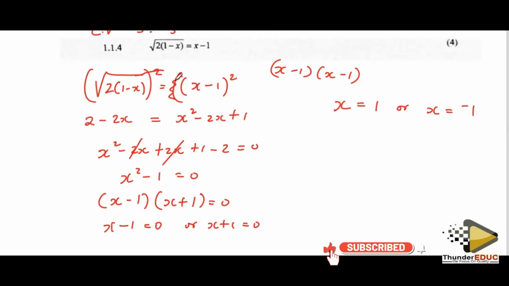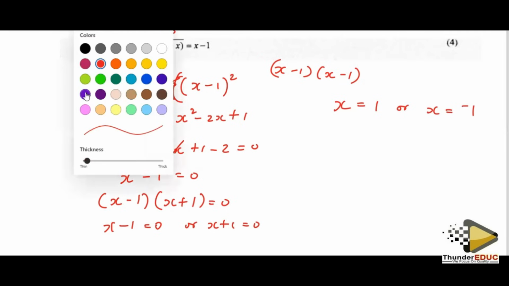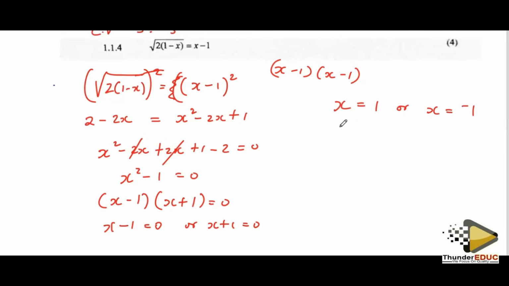Now whenever we have a square root kind of question, we always advise to go back to the original expression and test which of the values will satisfy the expression, and then we choose. So in this case, if I use 1, on the left hand side, it's the square root of 2 into 1 minus 1.